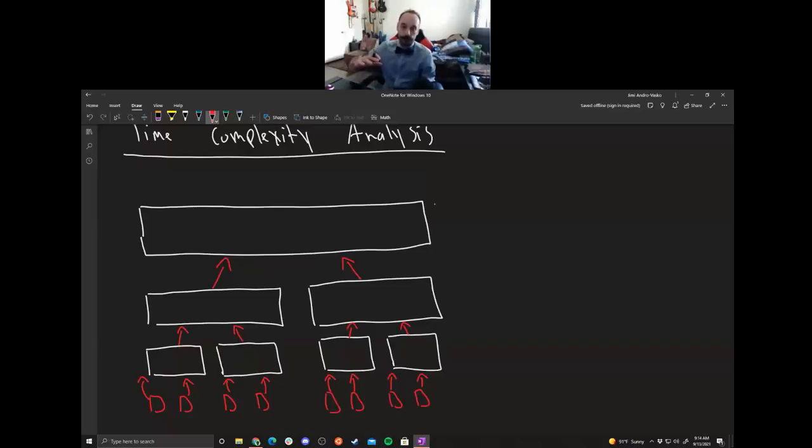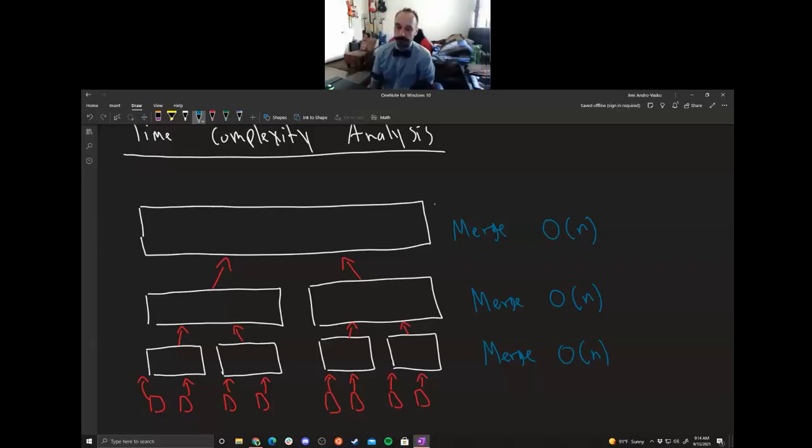It returns up this recursive function tree, and it will always merge those 2 sorted lists together. So every level, we're going to have to do a merge operation. We're going to have to do merge over here on all these lists, merge on all of these, and then do a final merge at the very end. Now each merge will take O of n time, as we already stated earlier.